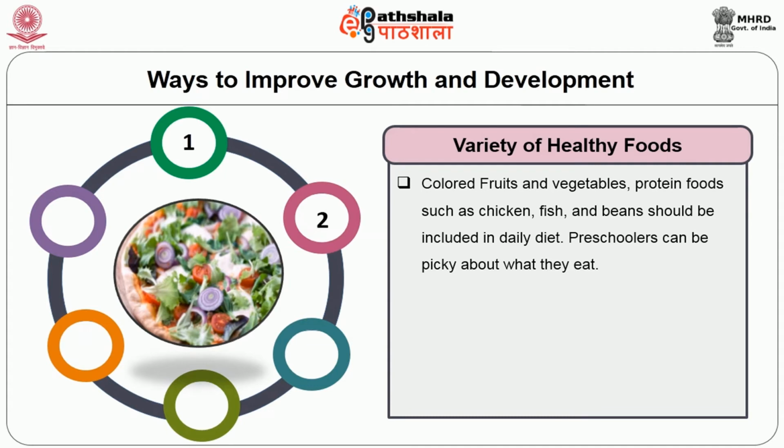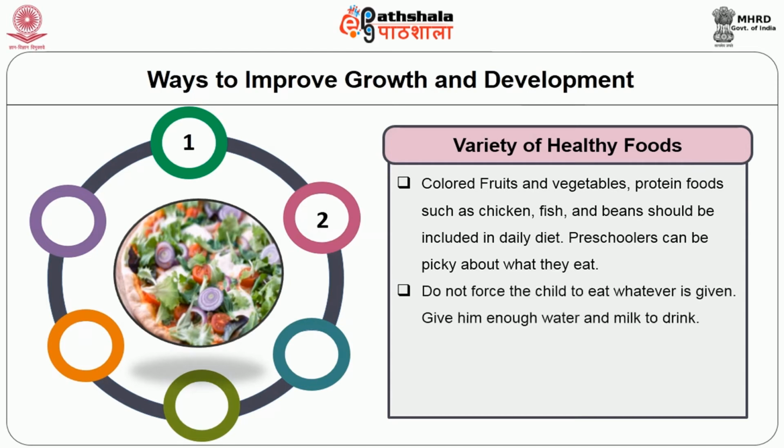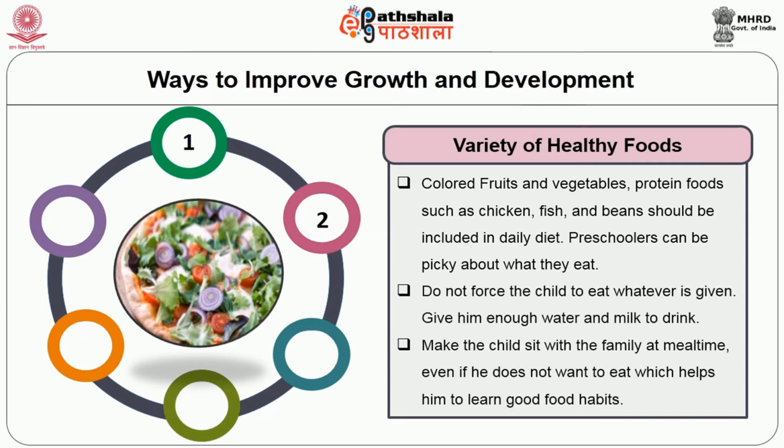Preschoolers can be picky about what they eat. They may pick something and continue with the same thing forever. They don't want to switch over to other foods. Giving him enough water and milk to drink is the best way to improve their nutrition.